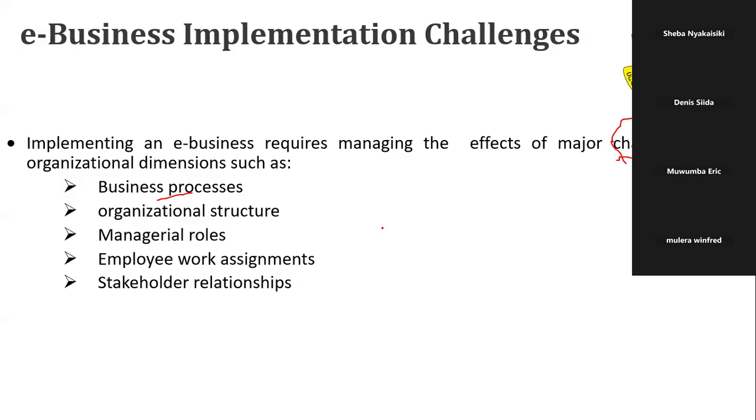You may be thinking of that manager who may not want to change. You may be thinking of the salesperson who doesn't want to go online, but also think of the customer. Think of the customer. The customer's way of thinking is also going to be disrupted.